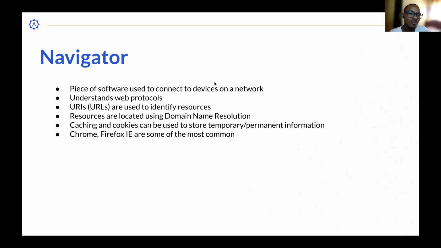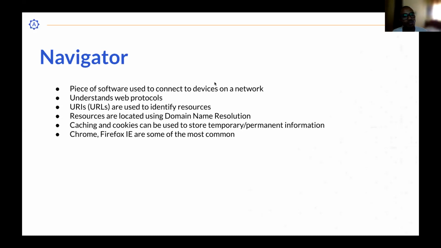So the browser understands web protocols. These are what we talked about earlier, like the HTTP protocol and FTP protocol. The protocols will say what each party should agree to in order to exchange data.